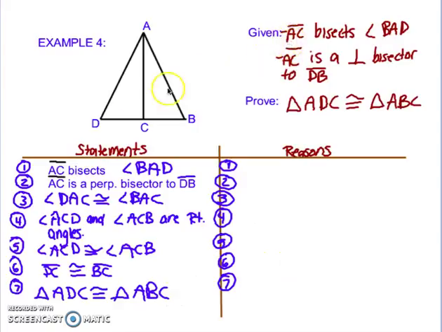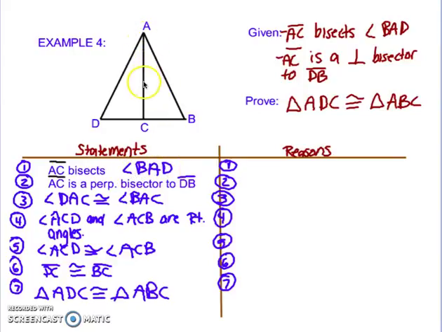In our last example, we are given that segment AC bisects angle BAD, and that segment AC is a perpendicular bisector to segment DB, and we need to prove that triangle ADC is congruent to triangle ABC. So our first statement is that segment AC bisects angle BAD.